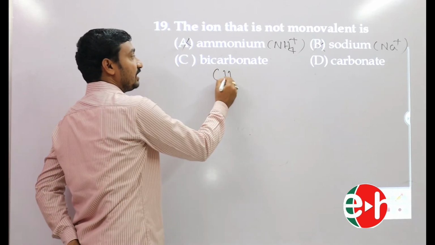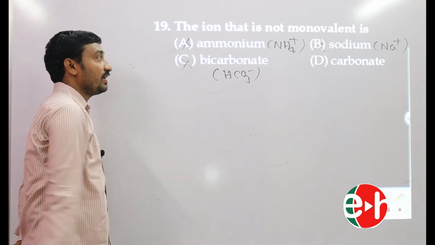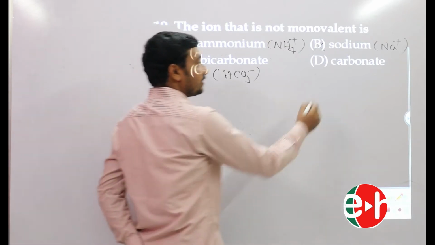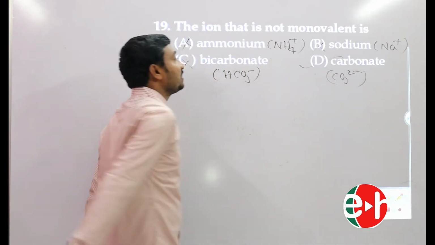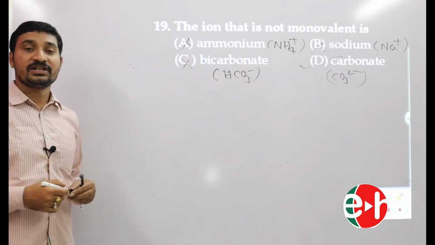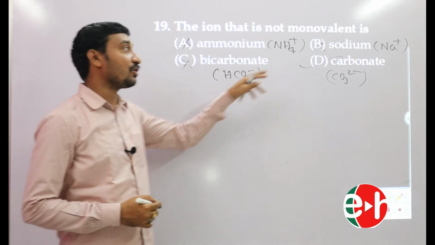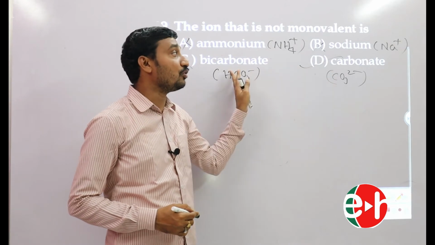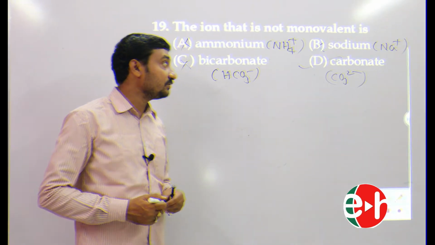Bicarbonate, HCO3 minus, this is also monovalent. Carbonate, CO3 2 minus. Hence, what is the correct answer? Fourth one is the right answer. Got it? Asking what? Not monovalent. Carbonate is not monovalent, remaining all are monovalent, because carbonate CO3 2 minus is bivalent. Okay, next question.